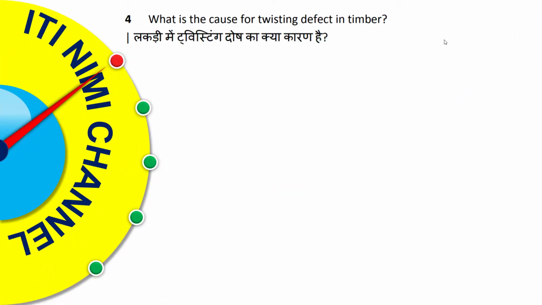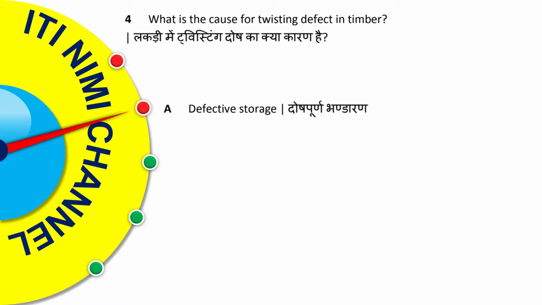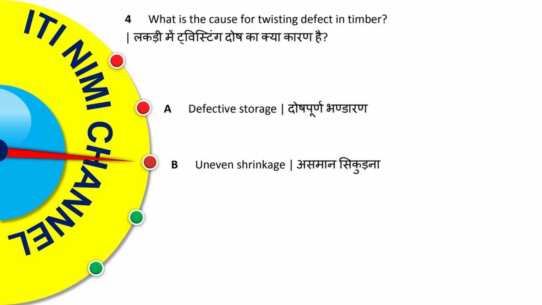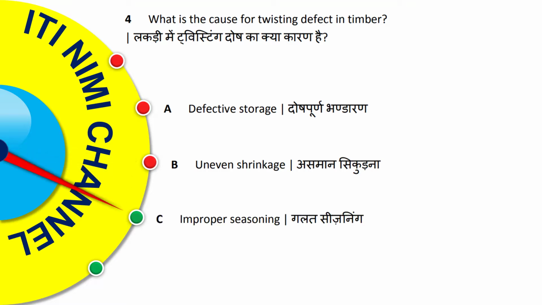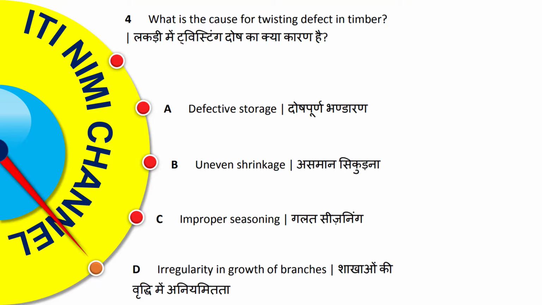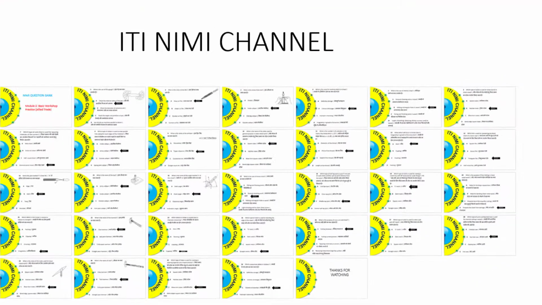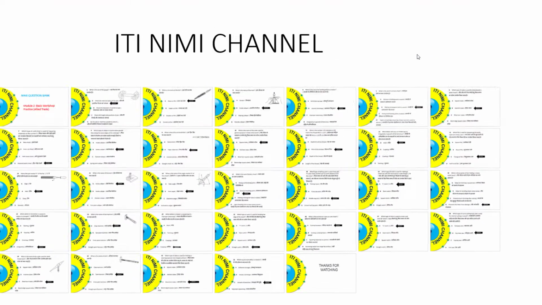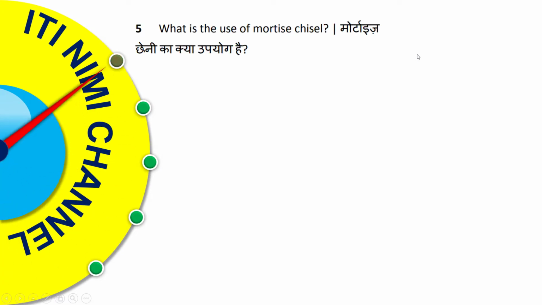What is the cause for twisting defect in timber? Defective storage, uneven shrinkage, improper seasoning, irregularity in growth of branches. The answer is uneven shrinkage. What is the use of mortise chisel?